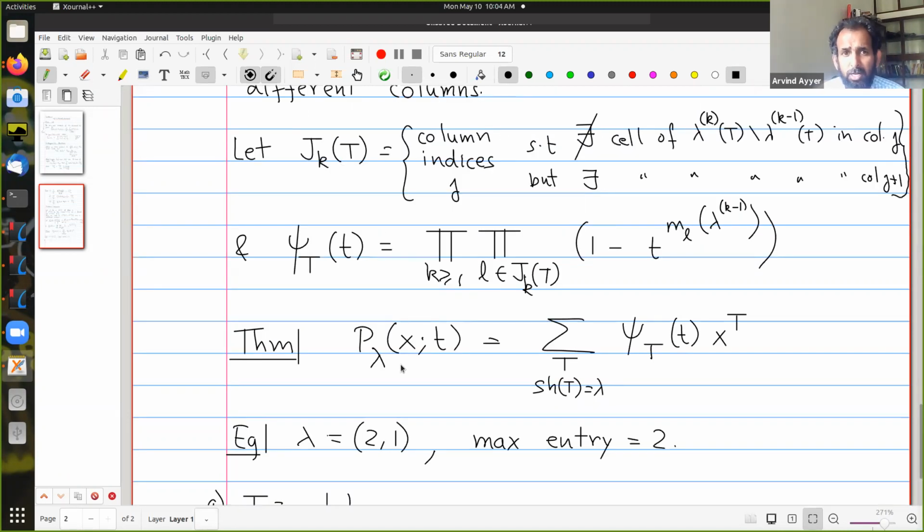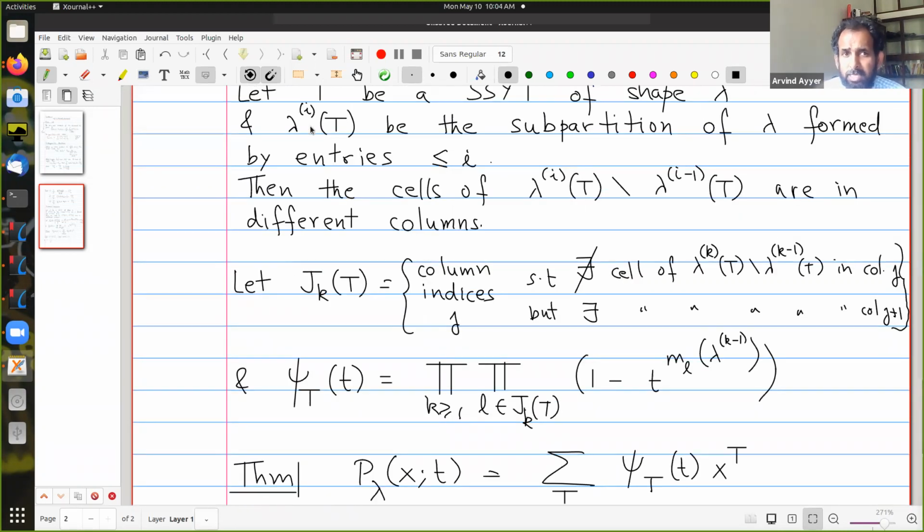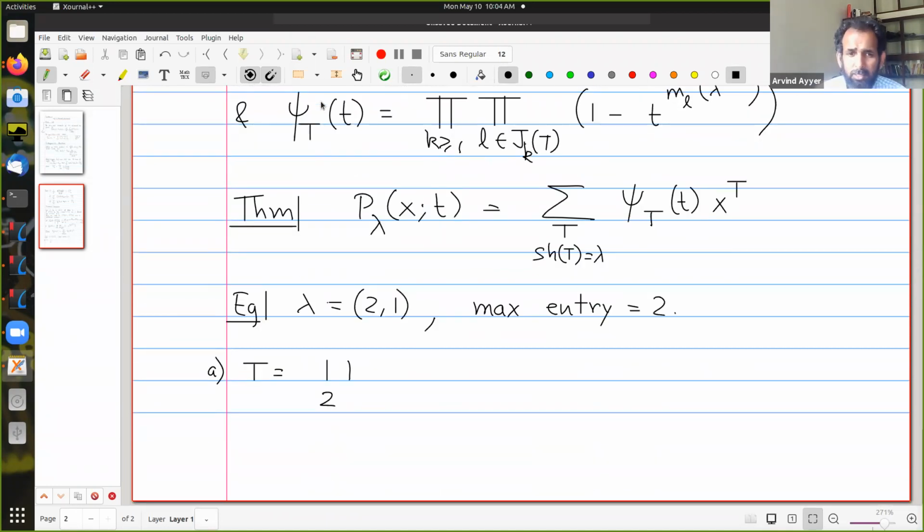Now let us look at these lambda sub i's. Lambda 0 is the empty partition, that's always true. Lambda 1 is the singleton partition because ones are here. Lambda 2 is the partition 2, 1, which is the original case.